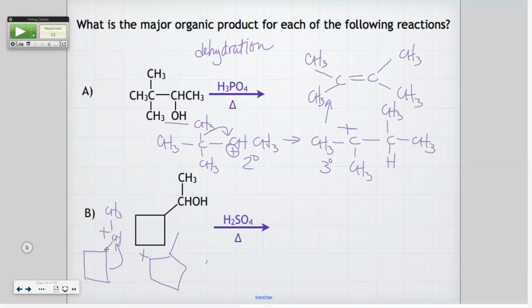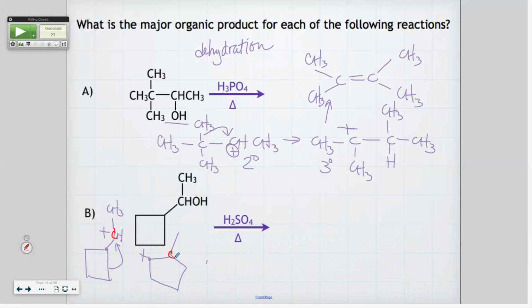This carbon right here is this one. I'll put that little dot there. Okay, this carbon, I'm going to change colors, right here is this one. And what does that one have on it?